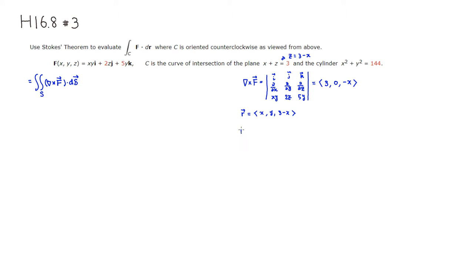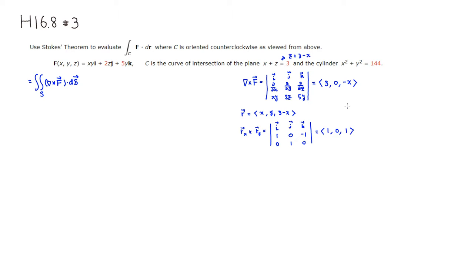To find the partial of r with respect to x cross the partial of r with respect to y, we have i, j, k; the partial with respect to x is 1, 0, negative 1, and the partial with respect to y is 0, 1, 0. The first component is 0 minus negative 1, so positive 1. The second is 0 minus 0, so 0. The third component is 1.